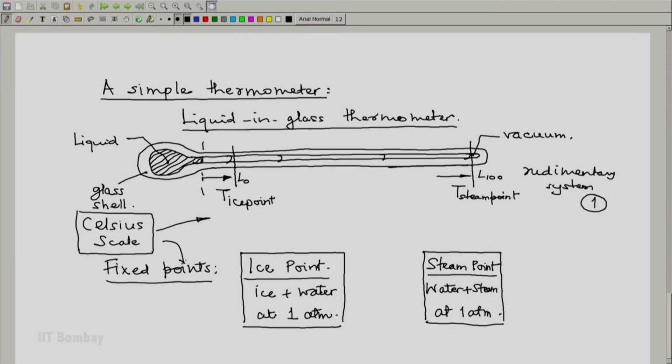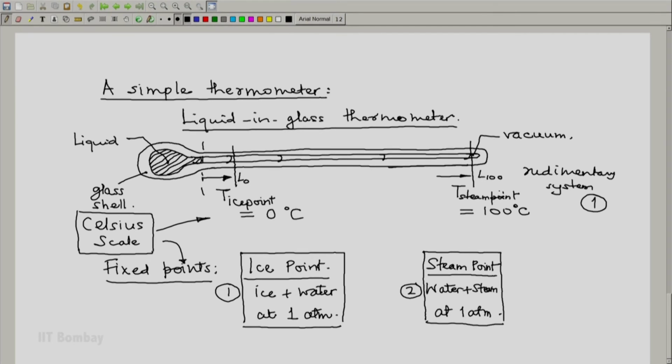First, the Celsius scale has these two fixed points: the first fixed point, the ice point, and the second fixed point, the steam point. Then we define that the ice point temperature is 0 degrees Celsius. The steam point temperature is defined to be 100 degrees Celsius. So on the Celsius scale, the ice point temperature is defined to be 0 degrees C, and the steam point temperature is defined to be 100 degrees C.